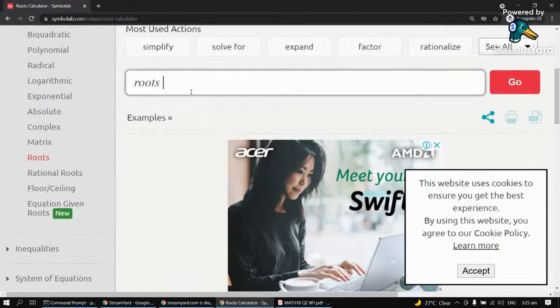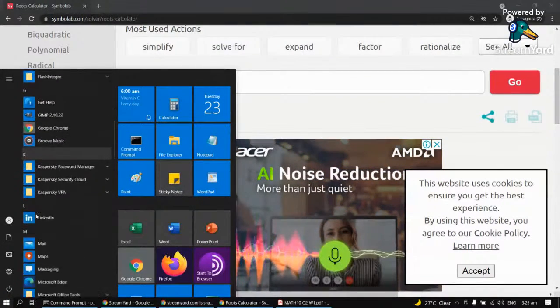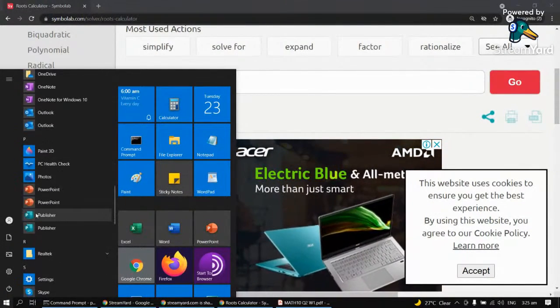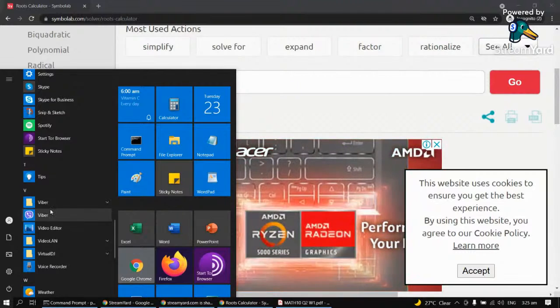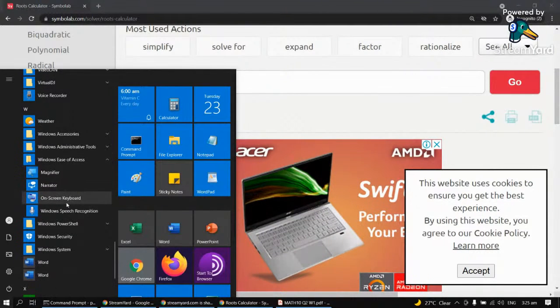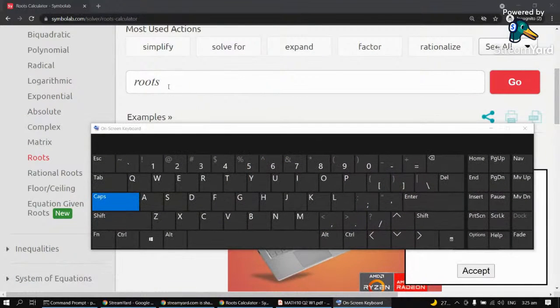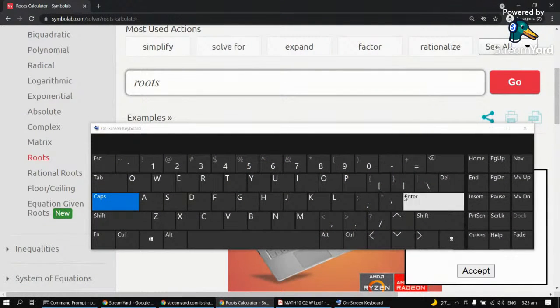So, enter natin dito 2x cube. Paano natin i-enter ang 2x cube? I-show ko sa inyo. Okay, so 2x cube, syempre click muna sa loob. And then, click natin ang 2. Click natin ang x. Oops, mga capital letter. Alisin na natin ang capital.